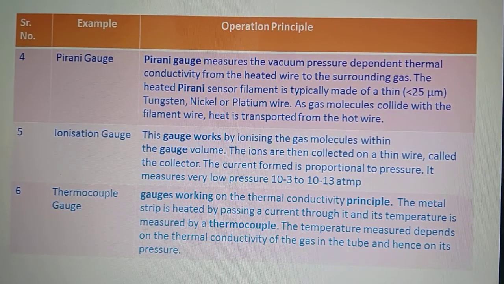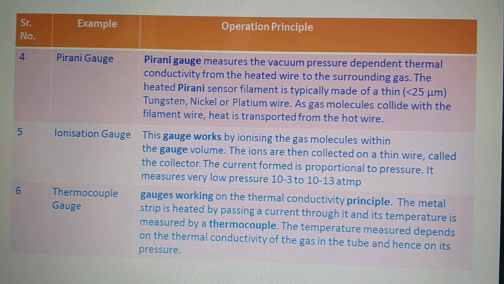So let us take the next examples: Pirani gauge, ionization gauge and thermocouple gauge. This Pirani gauge measures the vacuum pressure dependent on thermal conductivity from the heated wire to a surrounding gas.